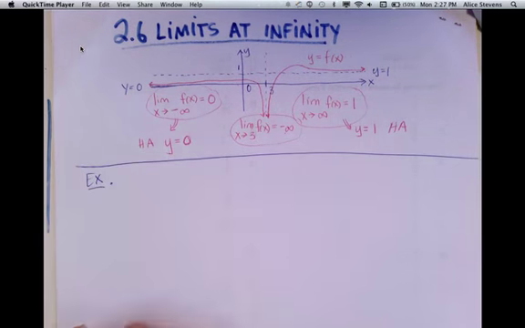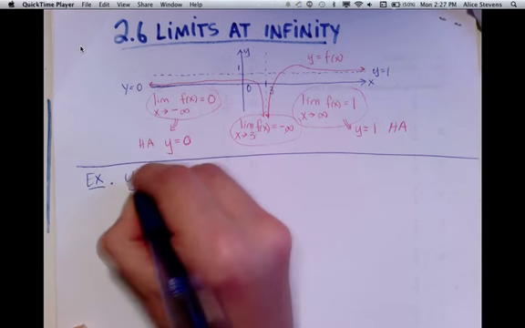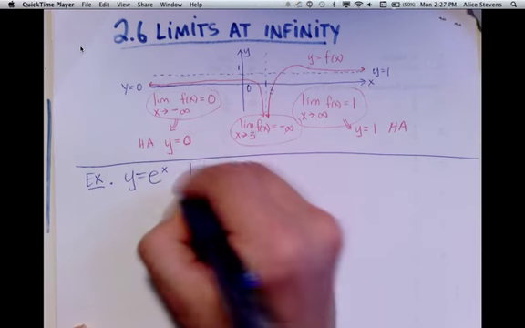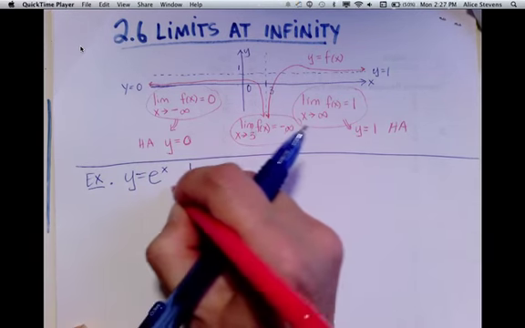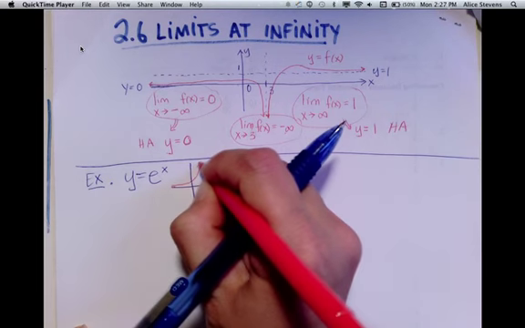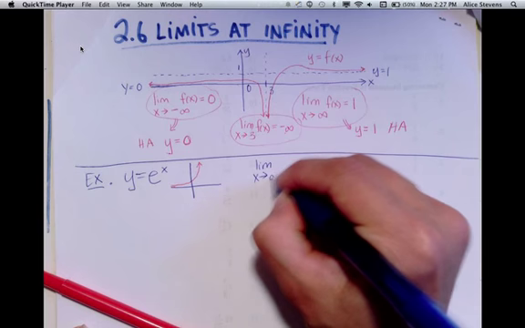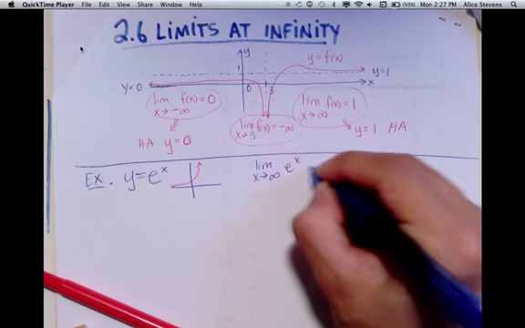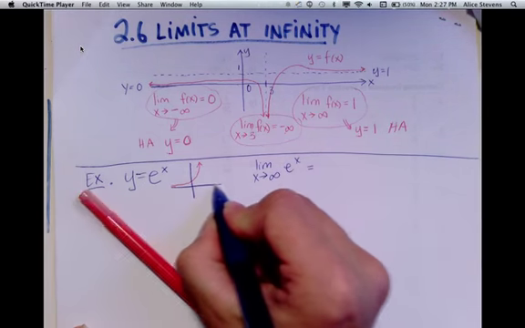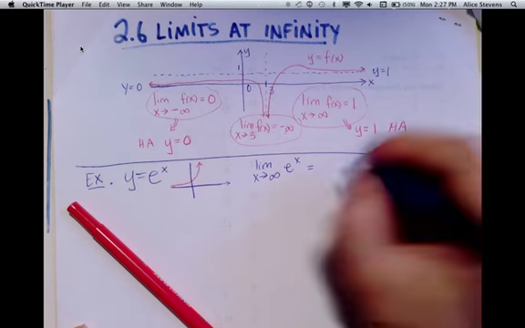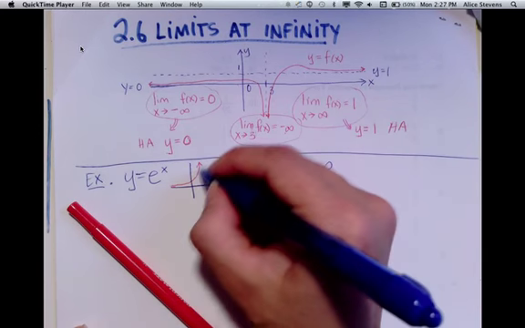Another quick example, if we look at the exponential function, we know that the graph looks something like this. And the limit as x approaches infinity of the exponential function, so as x gets very large in the positive direction, is just infinity.